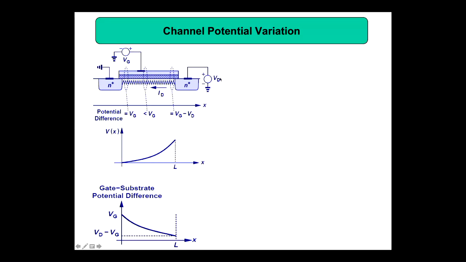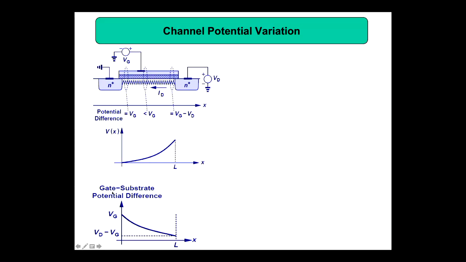You have VD here, but on this side you don't have voltage because this is grounded, so you definitely see 0 voltage here. Across the resistance the voltage increases, and this point is equivalent to this point, that is your VD. Slowly it is increasing. This is the voltage across the channel.